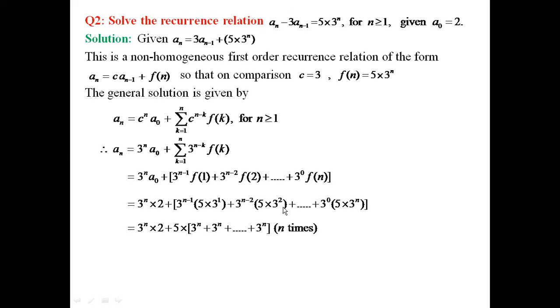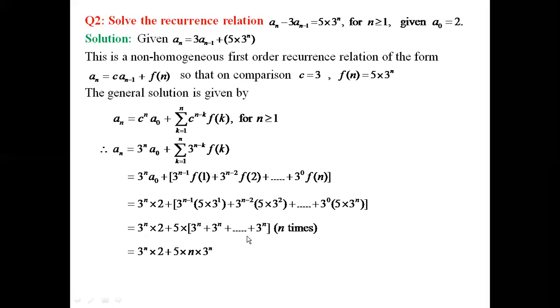So similarly, it happens for all the remaining terms. We observe the last term, 5 being taken common, 3 power 0 is 1 into 3 power n. So it's 3 power n. And we are adding this sum n times, so we can write it down as 5 into n into 3 power n.